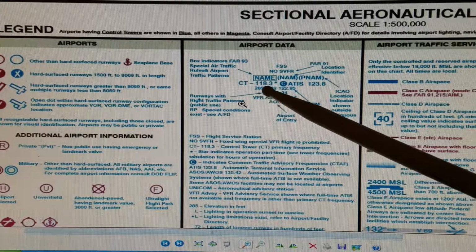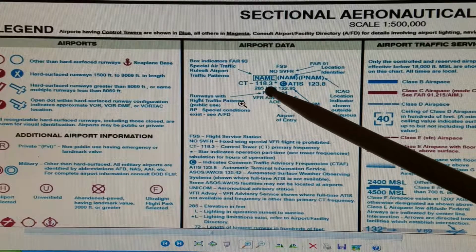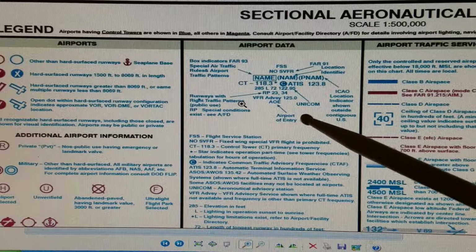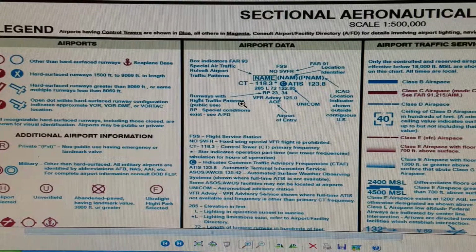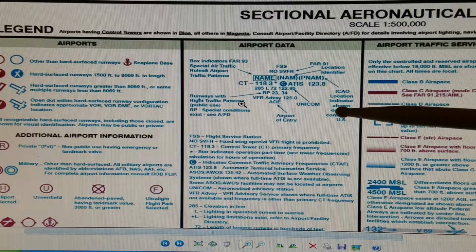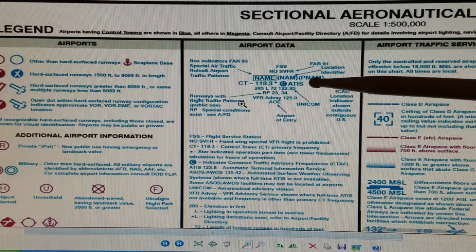If lighting is not 24 hours, there may be asterisks over there, and this 72 to the right of that is the length of runway in feet. So those I haven't seen them on the test, but are good information to have.